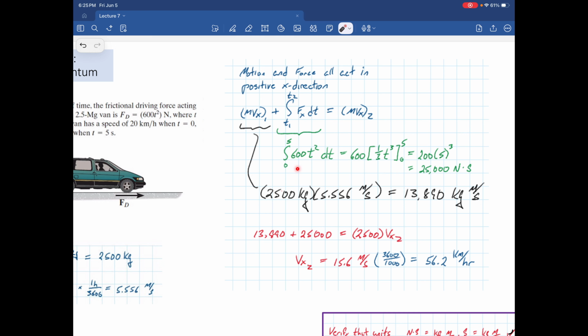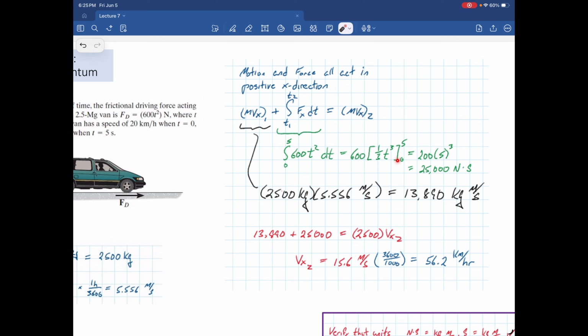So the impulse is between 0 and 5 seconds. The force is a time-varying force of 600 t squared dt. And evaluating the integral, we can take the 600 out. t squared becomes 1/3 t cubed.